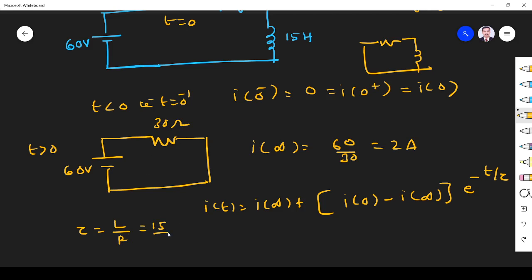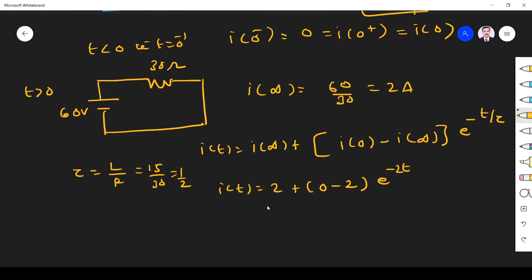We have only one resistor, 30, so tau is 1 by 2. So I of t is I infinity 2 plus 0 minus 2, e power minus t by 1 by 2, which is 2t. So it will be 2 into 1 minus e power minus 2t. This is I of t.